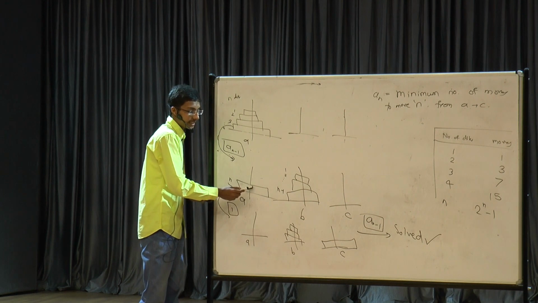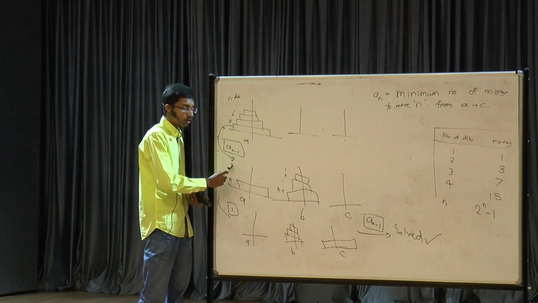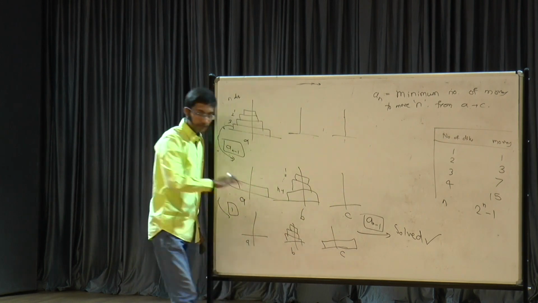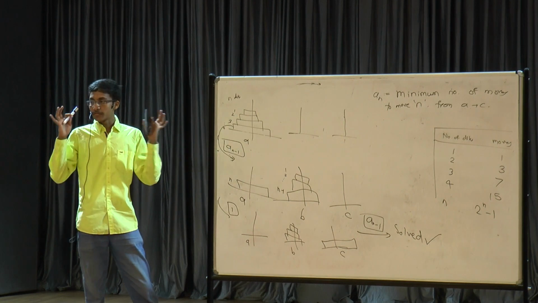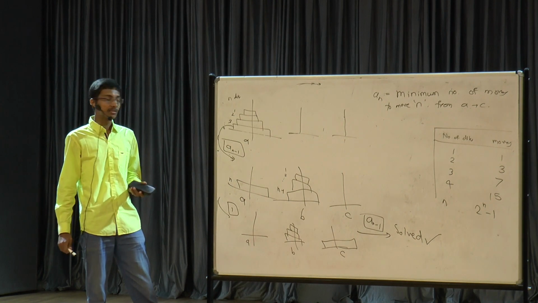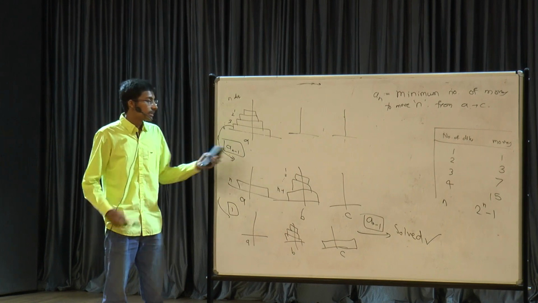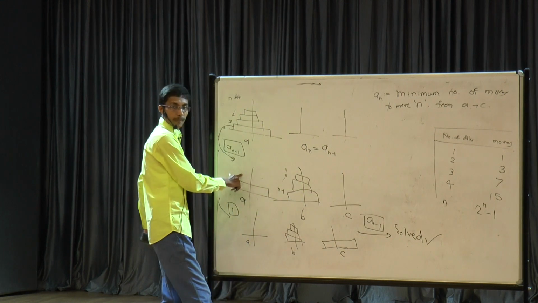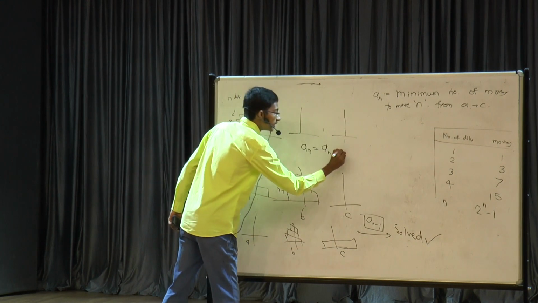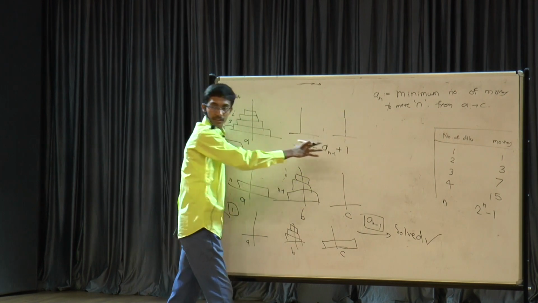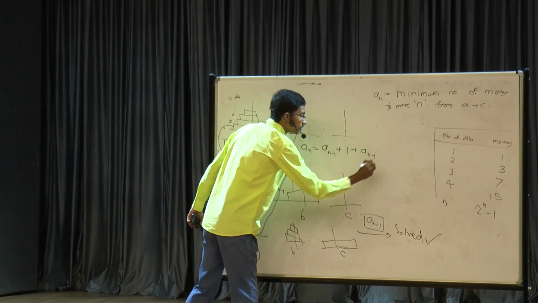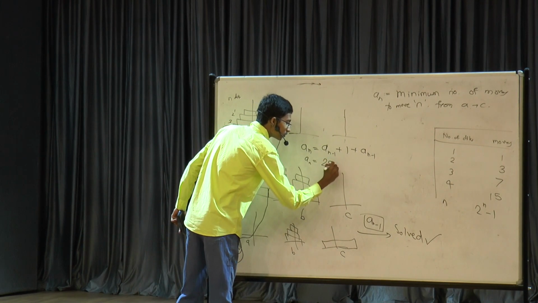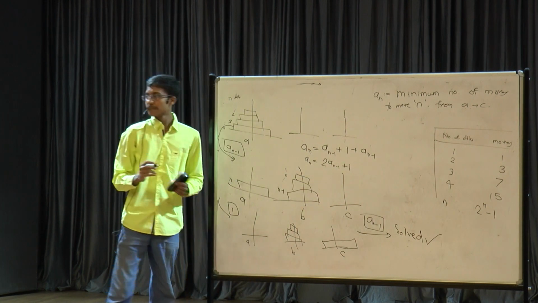Now if this state is necessary, and you know the minimum number of moves of coming here is a_{n-1}, and after this the whole thing is fixed. So this state, which we found by looking at the extreme cases, has now told you that a_n has to be first a_{n-1} moves of moving these n-1 disks, then one move where you move the larger disk here, and then again a_{n-1}. So a_n is 2 times a_{n-1} plus 1.